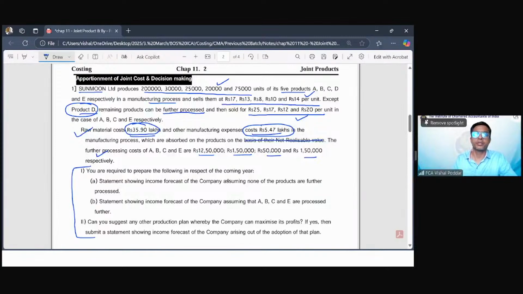So what we'll do first, in my first part, is apportion the joint cost using one of the methods. In the second part, we will find out profit if the products are sold at the split off point itself. In the third part, we'll again find out profits if the products are sold after being further processed. And in the fourth part, we will do the decision making so that we can give them the suggestion.